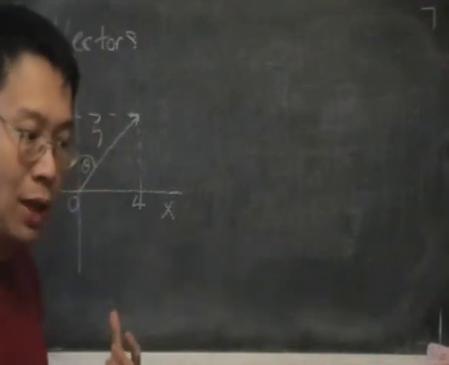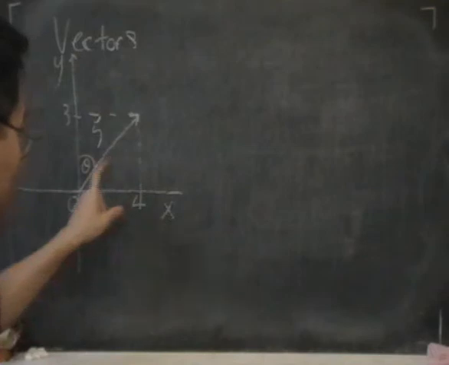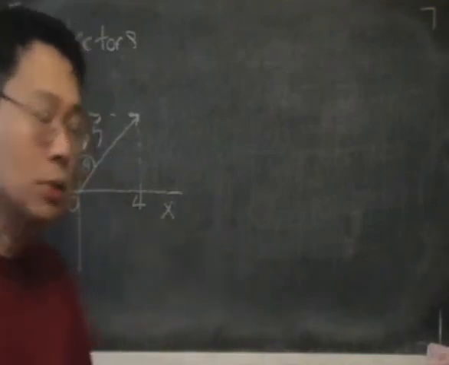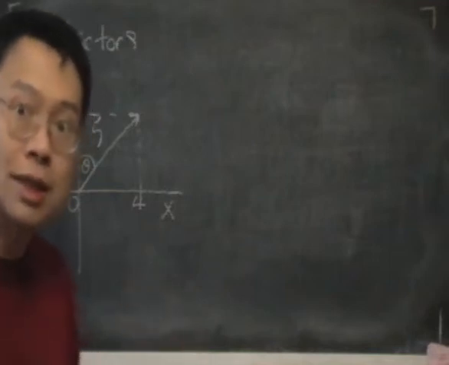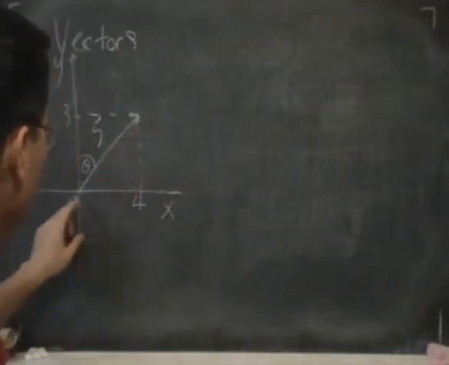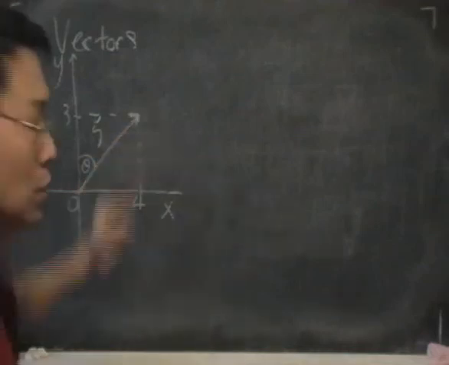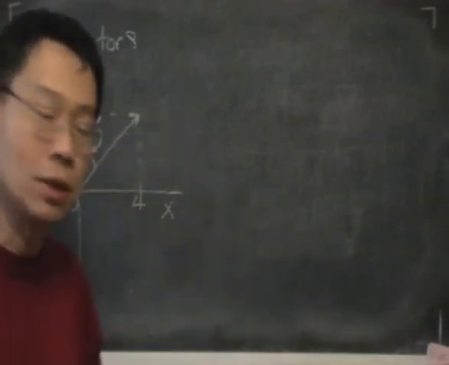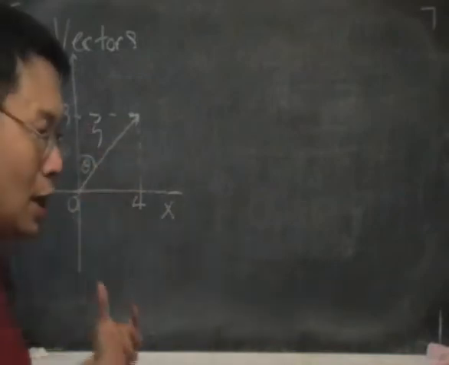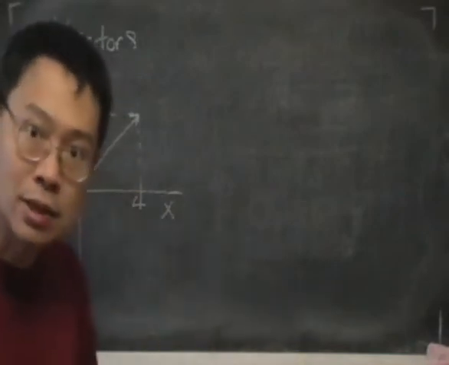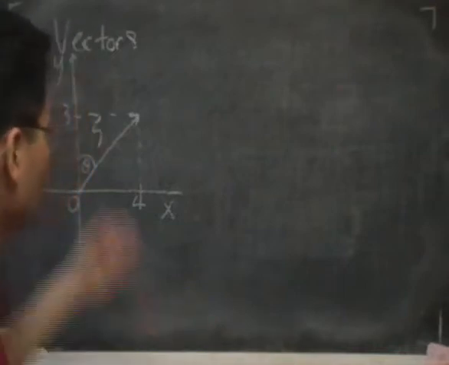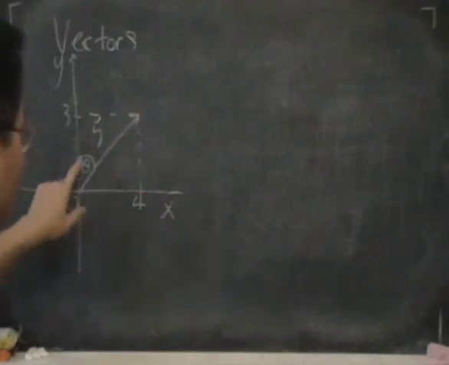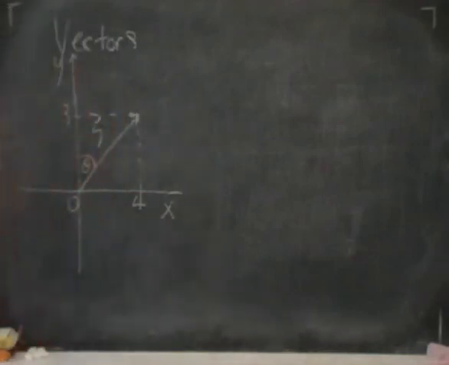That means that if instead of telling you the magnitude and the angle, I tell you the x and the y value on the graph paper, then you can actually draw the same vector simply by going to that point and drawing a line pointing from 0 to that point. So the information using x and y is an equally good way to represent or to describe the vector. It contains the same information. You can convert between x, y and length and angle. Alright? So that's another way to describe a vector.